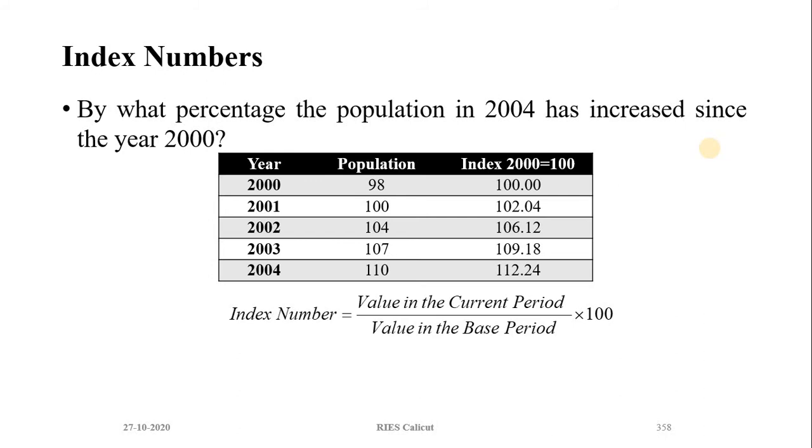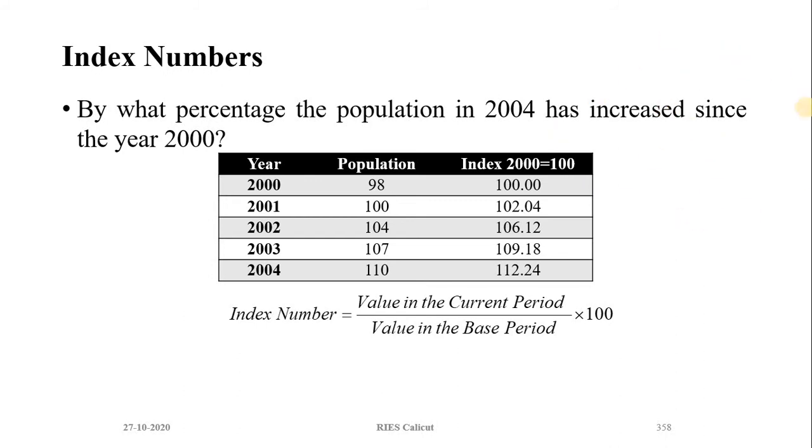If you look at this population chart, we can see that the population has been increasing from 2000 onwards. Now, how can we find out how much the population has increased? For this purpose, we can construct an index number.